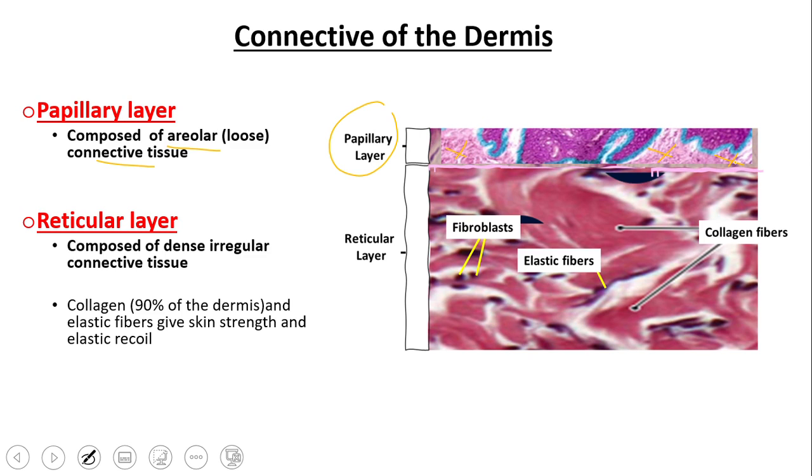Deeper is the reticular layer, which has dense irregular connective tissue, and this connective tissue has the collagen fibers and elastic fibers responsible for the elasticity of the skin. And with age, the skin produces less collagen, leading to the wrinkling that happens with aging.